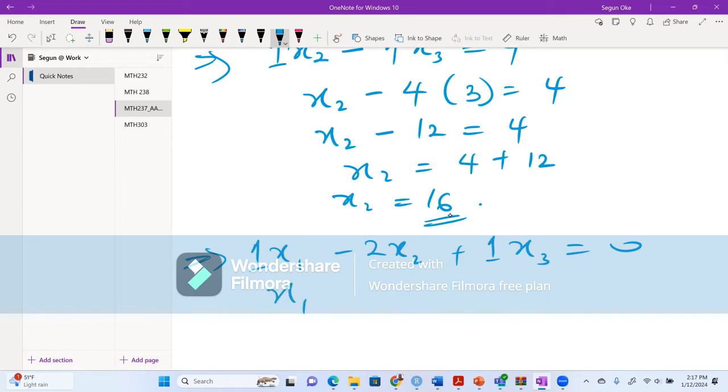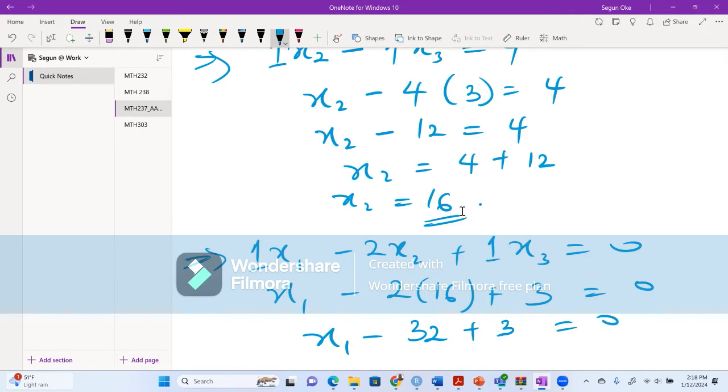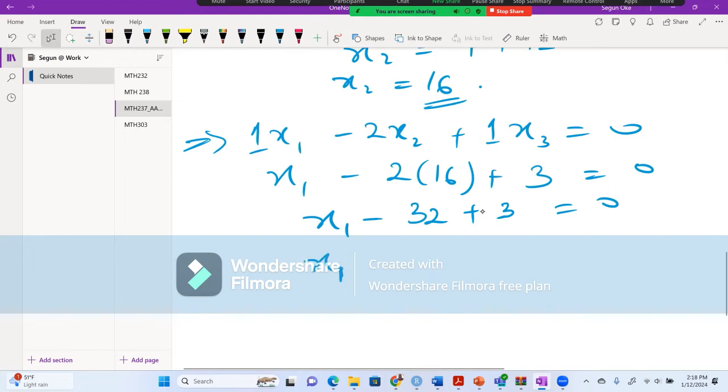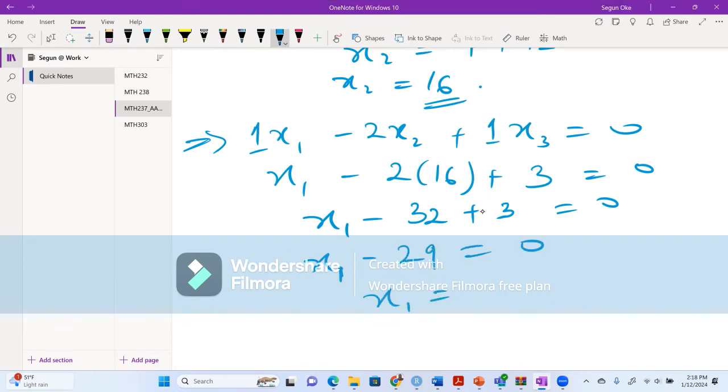So you have x1 minus 2 times 16 plus s3, which is 3, equals 0. So our x1 will now be minus 32 plus 3 equals 0. Our x1 will be negative 29 equals 0. x1 is equal to 29.